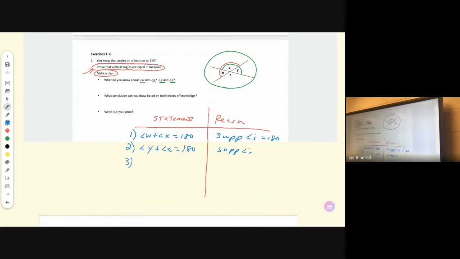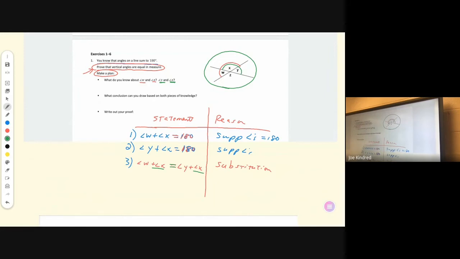The third, because both of these were equal to 180, my next statement is going to be angle W plus angle X is equal to angle Y plus angle X. And that's going to be substitution. I'm just substituting it out. And then finally, I notice that I have these two X's on either side of the equal sign.